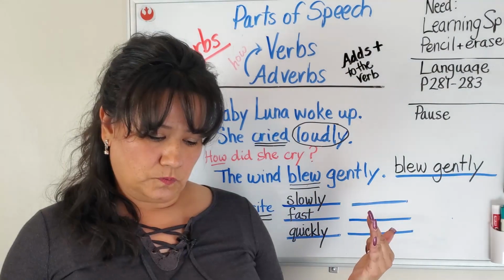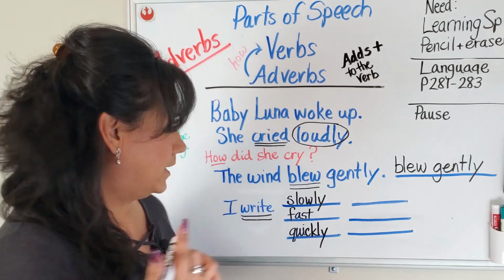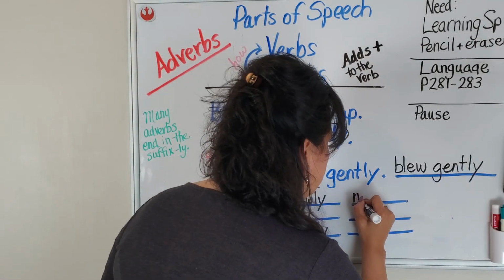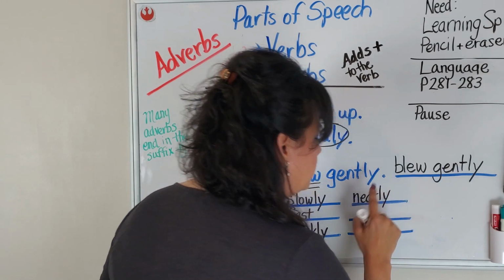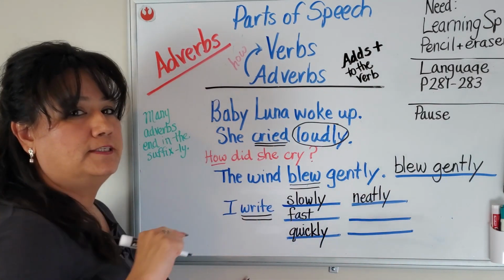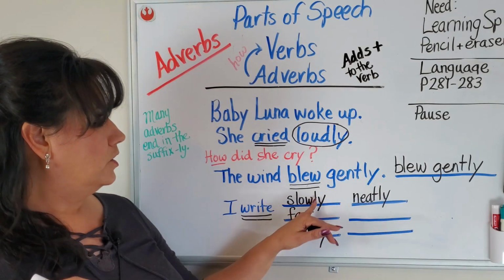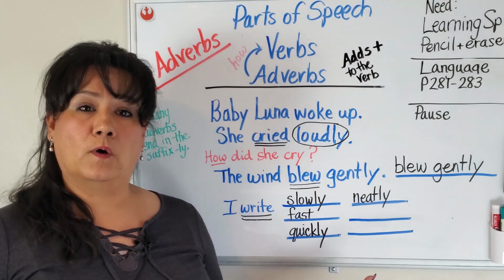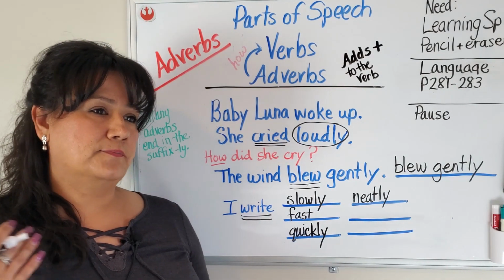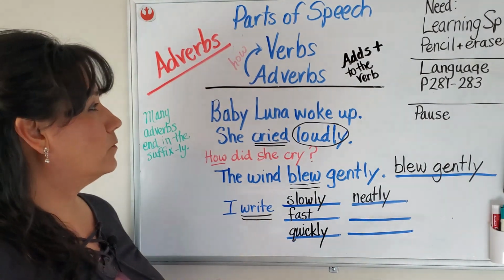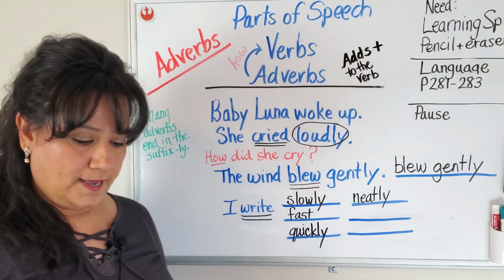Then you can also write neatly, which I hope that you are doing. So we have the word neatly. And of course, we have the root word neat, and we added the suffix ly. So here we have three words that end in ly that happen to be adverbs. So that must be something that happens a lot, or something that we're going to see a lot with adverbs.